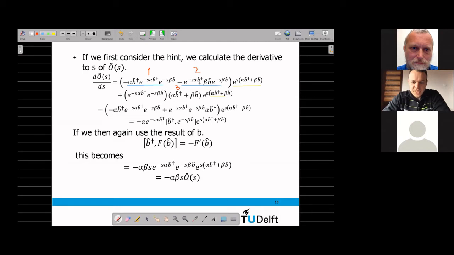Then for the second term, we're going to commute, because what we're trying to get is to have this expression, exponential of S minus S alpha B dagger in front, and this expression on the back, such that we have a commutator that we know how to evaluate.